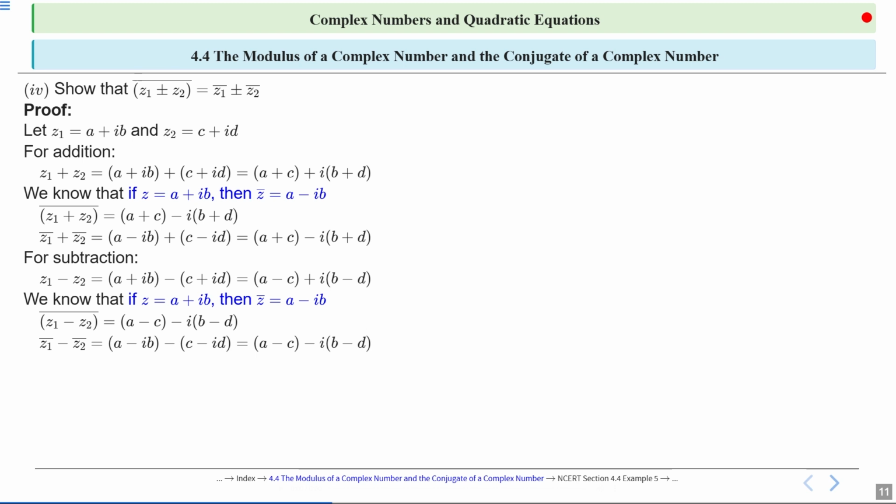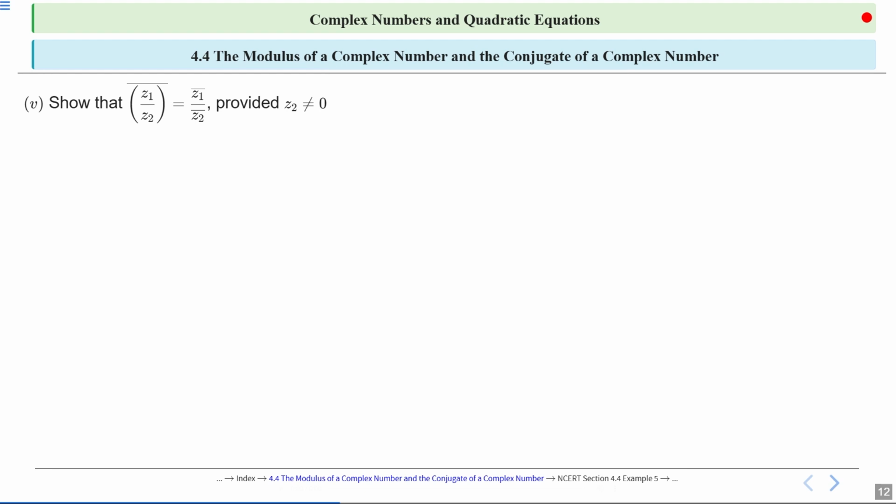Now let's find the difference of the conjugates. The conjugate of z1 minus conjugate of z2 equals (a minus iota times b) minus (c minus iota times d), which is equal to (a minus c) minus iota times (b minus d). Therefore, conjugate of z1 plus or minus z2 is equal to the conjugate of z1 plus or minus conjugate of z2. I hope this result is clear to all of you, how we prove it.